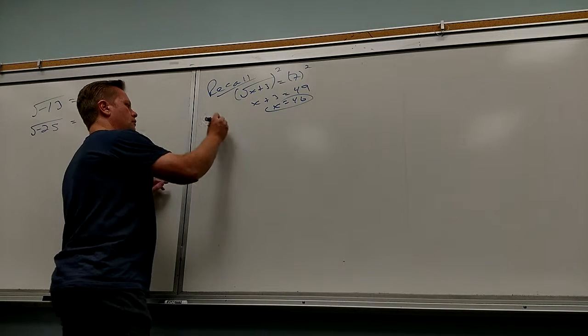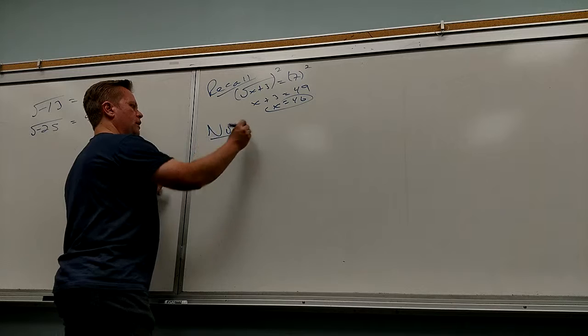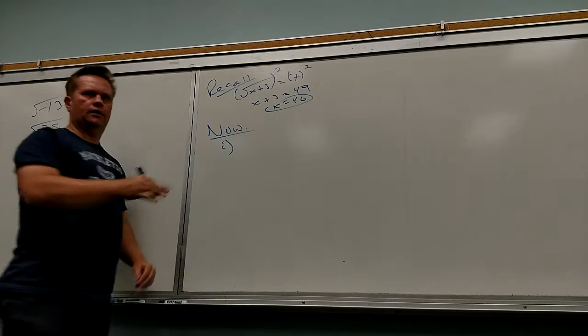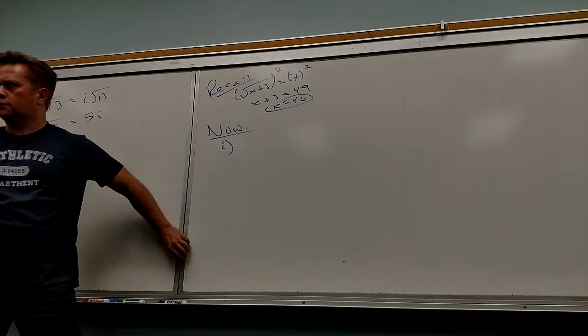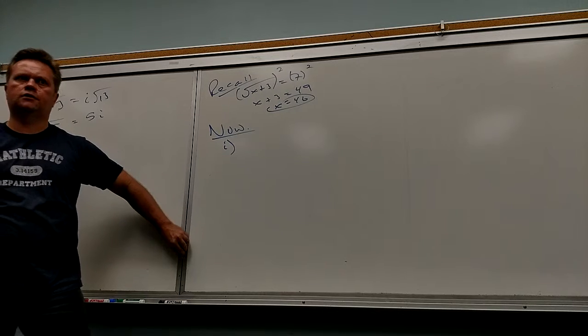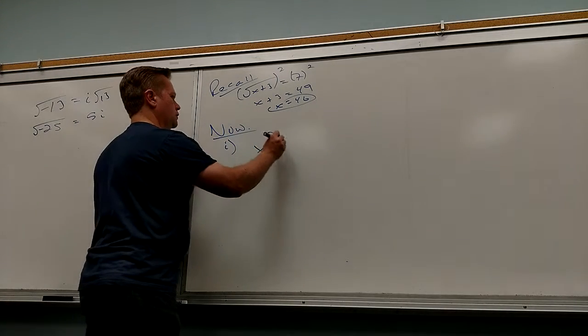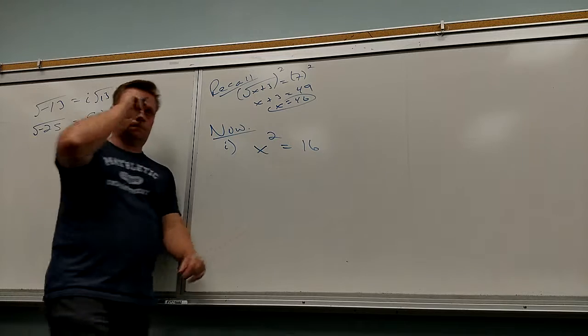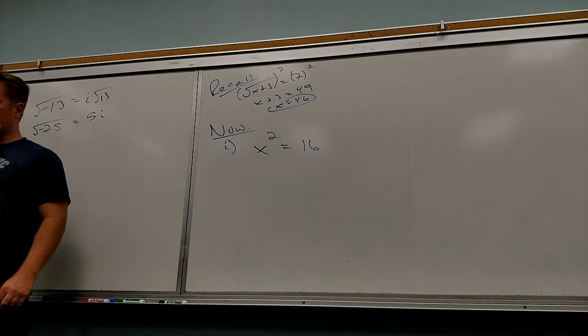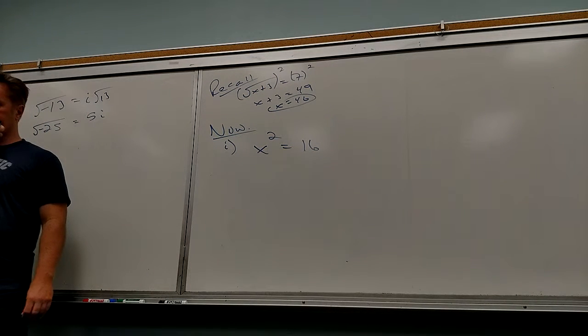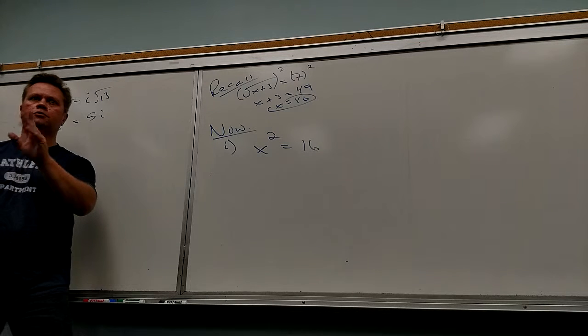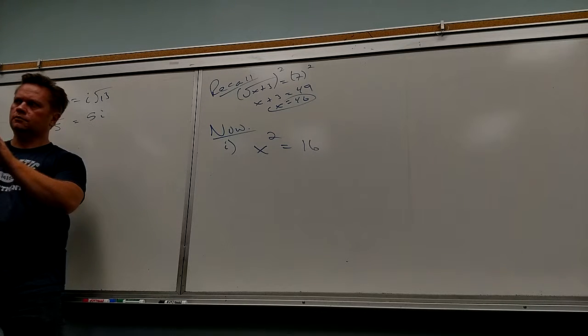But now, the same idea of doing the opposite thing, of course, that's the whole idea of equation solving, is do the opposite. So, what would I do to solve this equation? And here's where things get a little bit different.